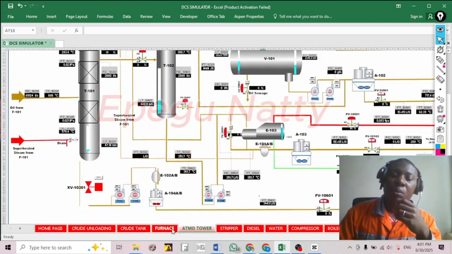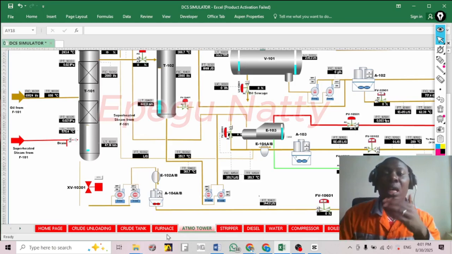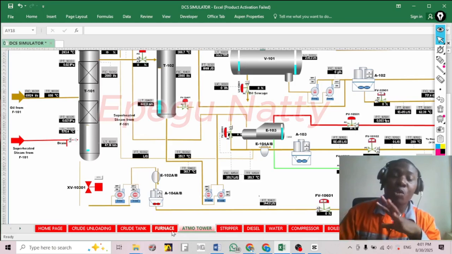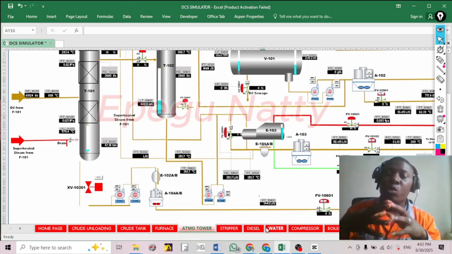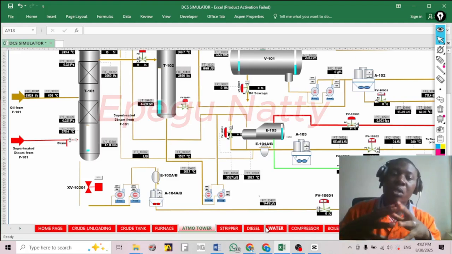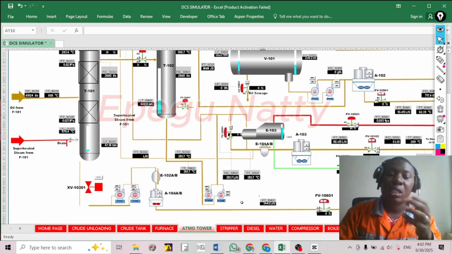Also the flow rate of residue going to the tank was not working. It was showing 0, because there was a blockage of the flow of residue down to the tank. So there was nothing there. You had to troubleshoot, you had to check to know what was causing it.